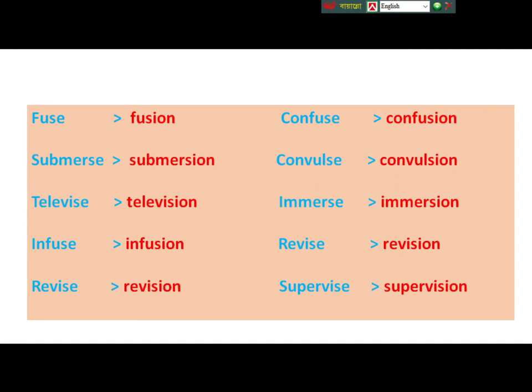Here is the answer: fuse, fusion, submerge, submersion, televise, television, infuse, infusion, revise, revision, confuse, confusion, convulse, convulsion, immerse, immersion, supervise, supervision.